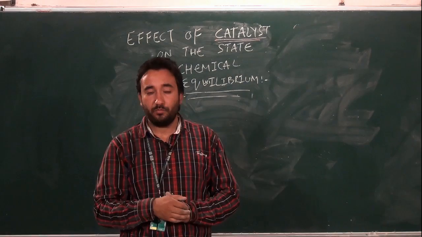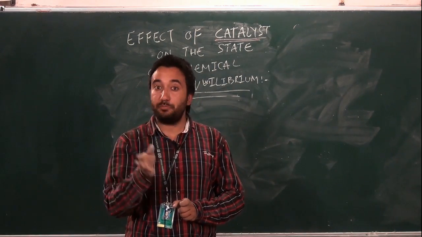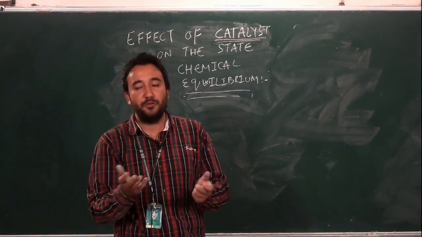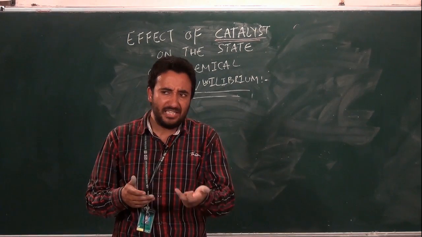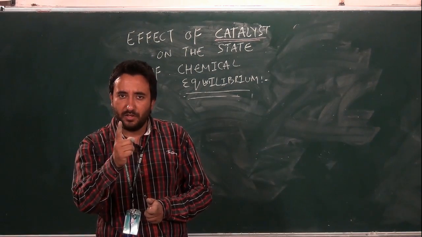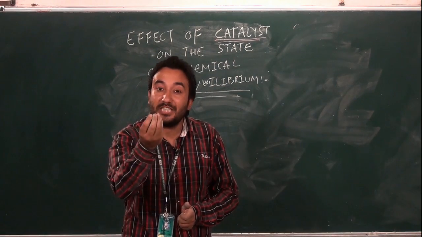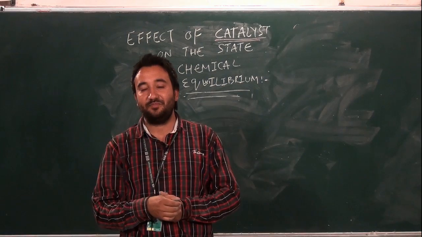Number three, a catalyst will act on spontaneous reactions, spontaneous processes. It has nothing to do with non-spontaneous processes. Spontaneous processes are those which take place by themselves or by initiation. A catalyst only affects the spontaneous processes, and it has nothing to do with the non-spontaneous processes.